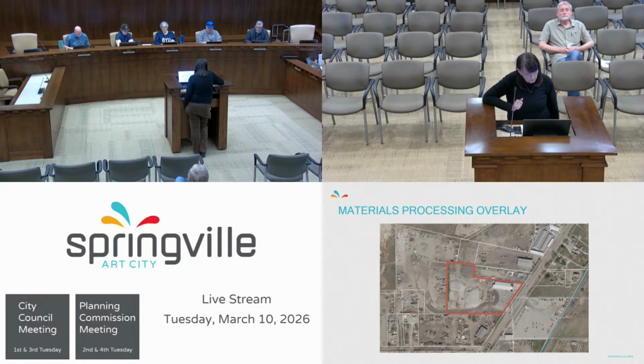The general plan encourages us to review ordinances, standards, and policies as the situations in the community change, and that is what prompted this with the adoption of the Dry Creek Corridor Plan in 2024.